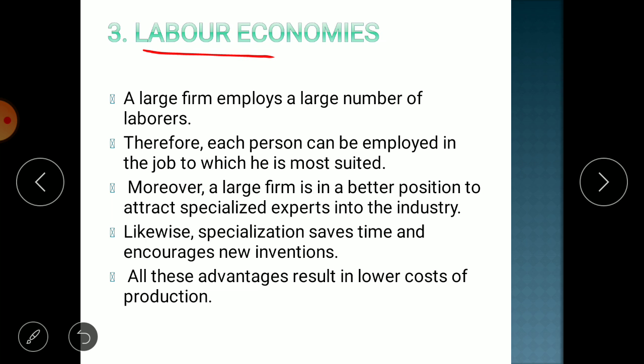Now, from the viewpoint of large firms, they employ more laborers, and when more laborers are available, we can employ them for different tasks for which they are suited the most. That is what is written here: each person can be employed in the job in which he is most suited.